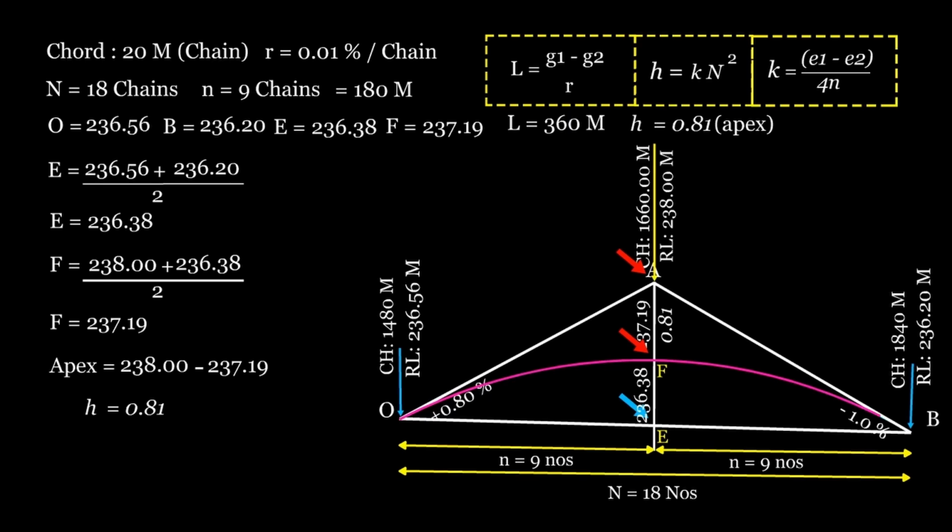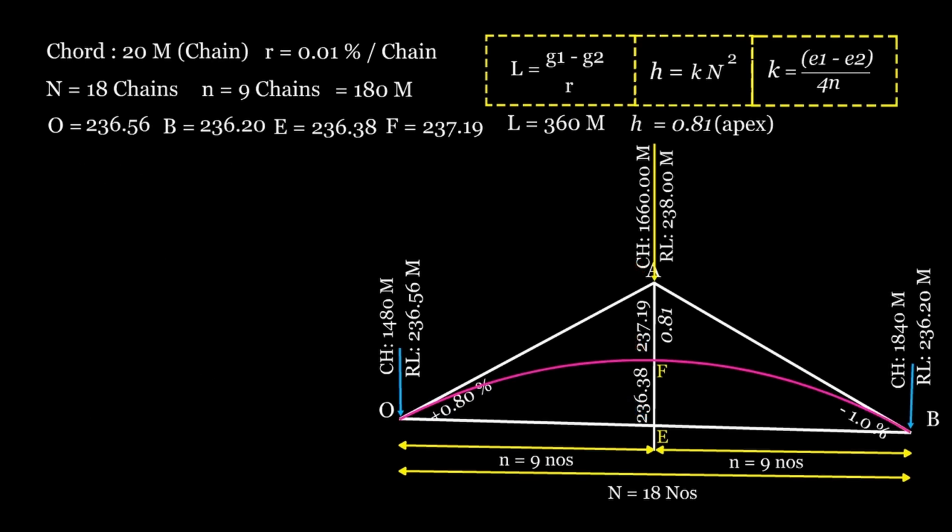Step 6. Check calculations and calculate K. We will now calculate the value of K. To find K, we need E1 and E2. E1 equals G1 times 20 meters. 0.8 divided by 100 times 20 equals 0.16 meters. E2 equals G2 times 20 meters.